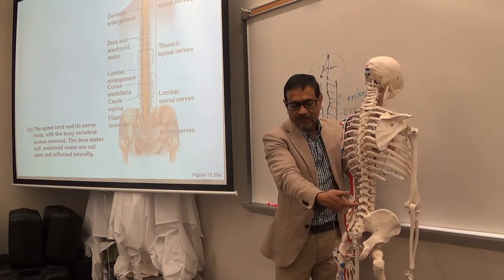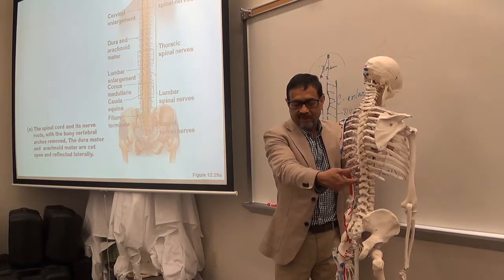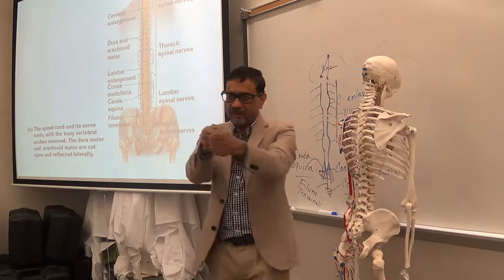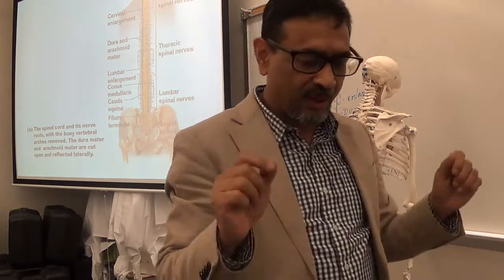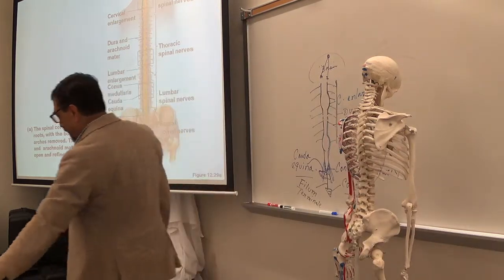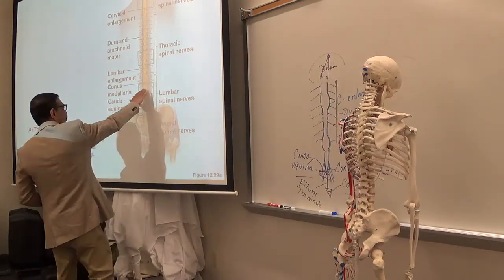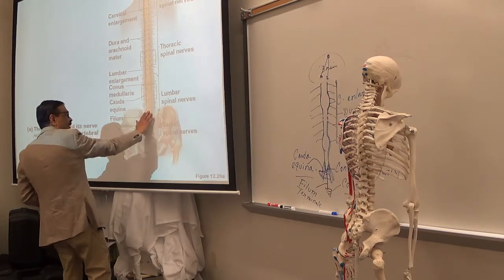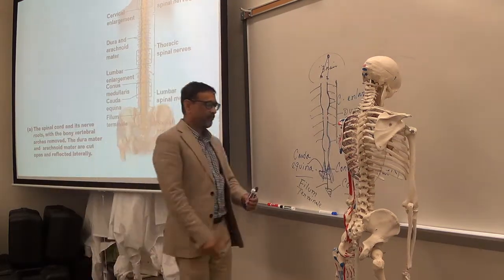You see there are openings between the spinous processes here. This is a big one. So we'll insert the needle and draw the cerebrospinal fluid. That is called the lumbar puncture. And it is safe. Lower lumbar area is safe because no spinal cord is in this part.